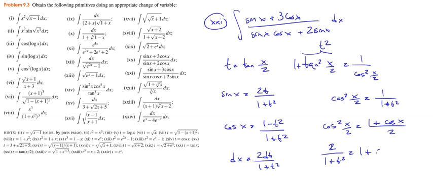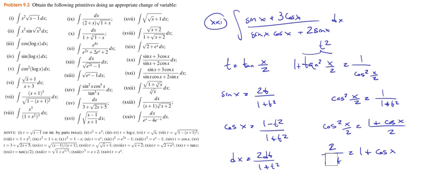So this is 1 plus the cosine of x. The cosine of x is 1 minus this, so it's 1 plus t squared minus 2. Is this correct? Yes, sorry. So this is 2 minus 1 minus t squared over 1 plus t squared. So you have 1 minus t squared, which is this thing.